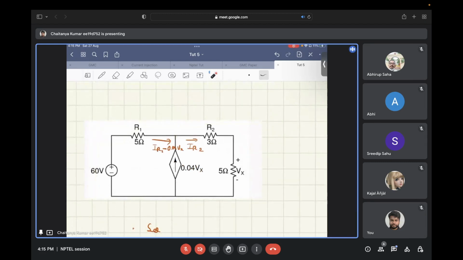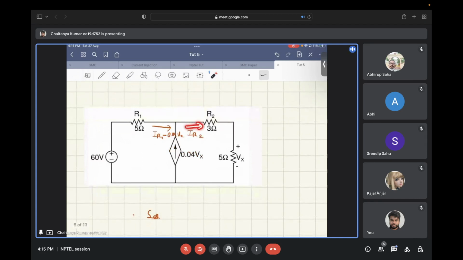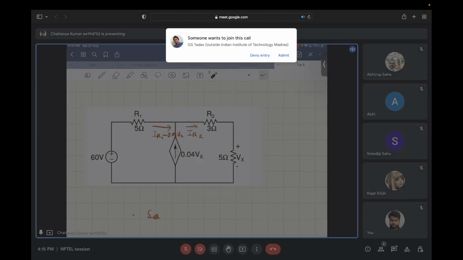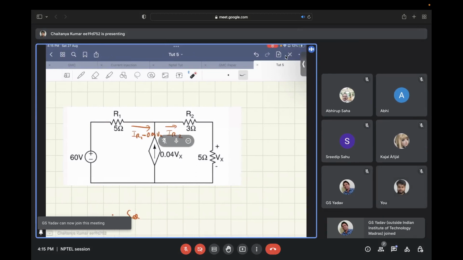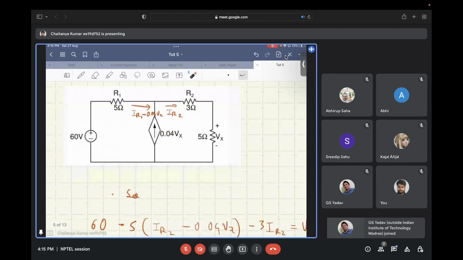If you apply KCL at this node, you have IR2 going out of this branch and 0.04 times Vx coming into this node. So the current flowing through IR1, from KCL, you can write as IR2 minus 0.04 times Vx.